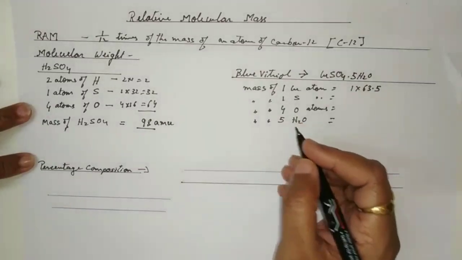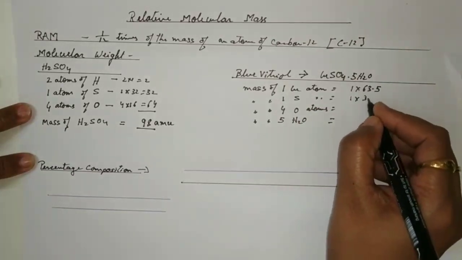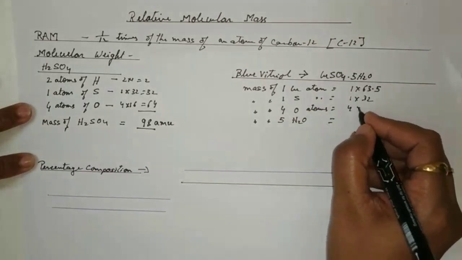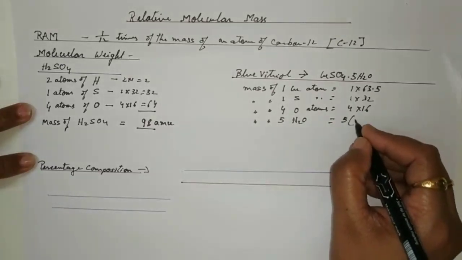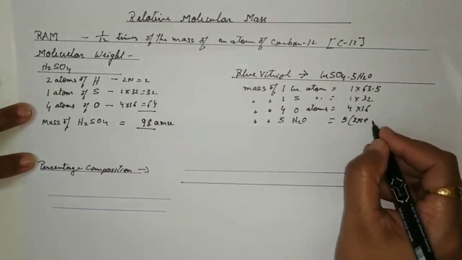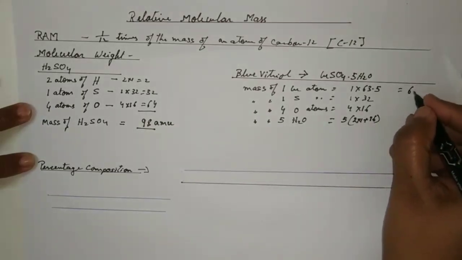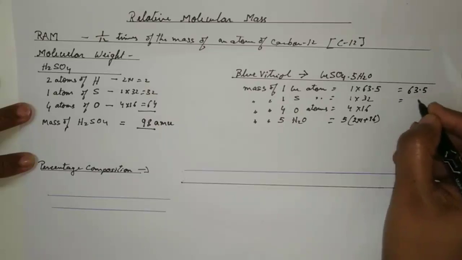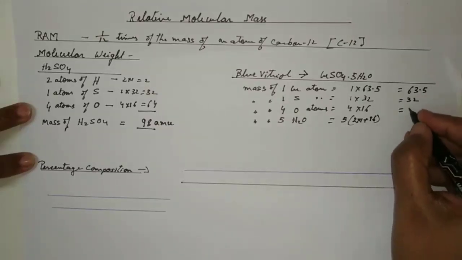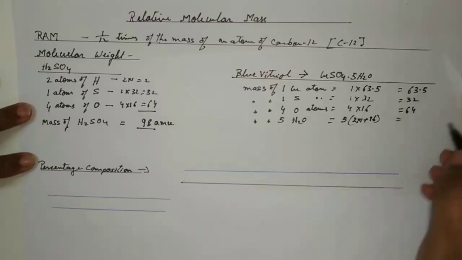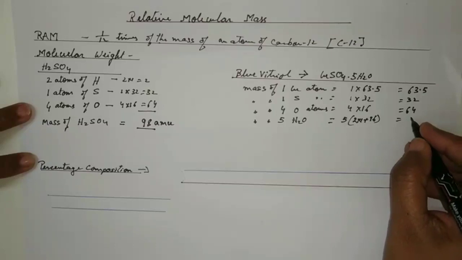So come back to the question. So sulfur, you have 1, so 32. Oxygen, you have 4, so 16. And water is 2 into 1 plus 16. So you have 63.5. You have 32. You have 64. And 16 plus 2, 18 into 5 is 90.